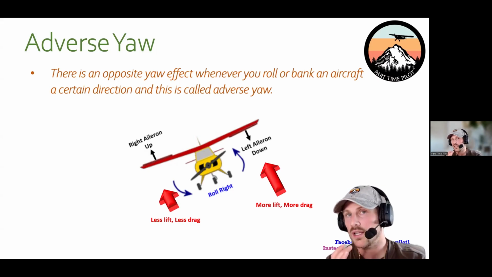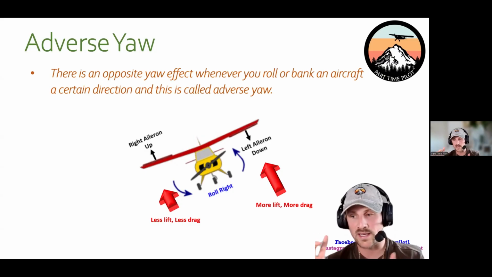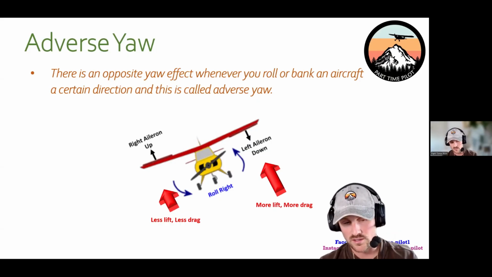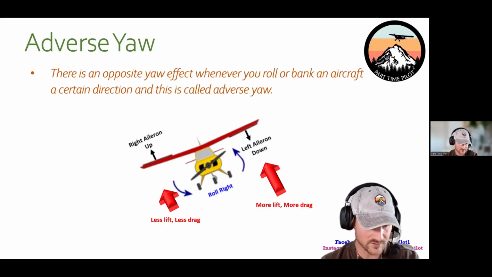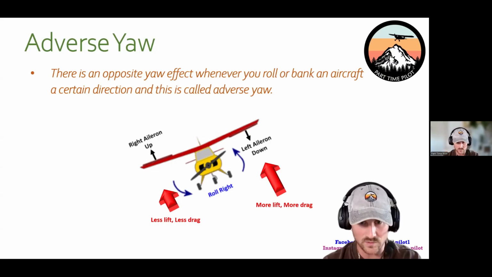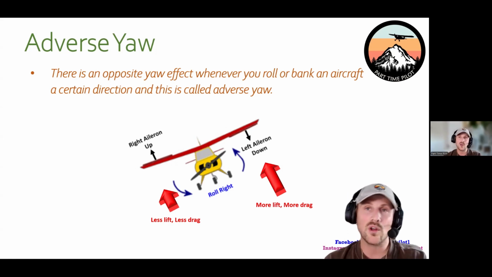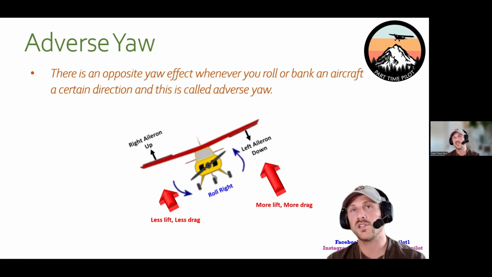remember induced drag. Induced drag has had an effect on those vortices behind our aircraft. The vortices behind our aircraft have contributed to wake turbulence, they've contributed to ground effect, they've contributed to drag with induced drag, and now they're also going to contribute to adverse yaw.